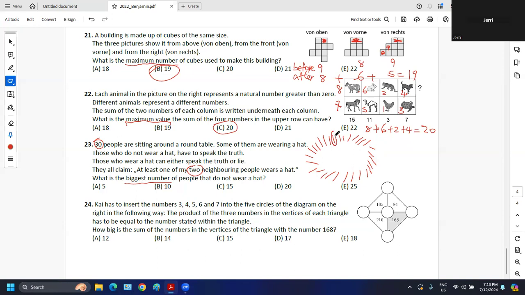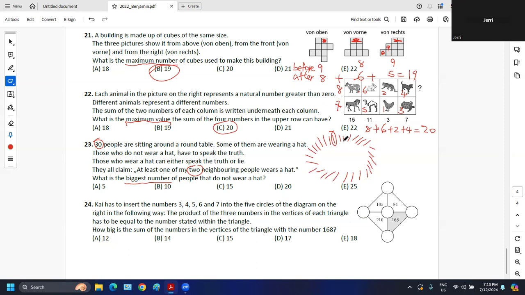So they all say that one of the neighboring people wears a hat, one of the 2 of them. But the one wearing a hat we don't have to worry about.